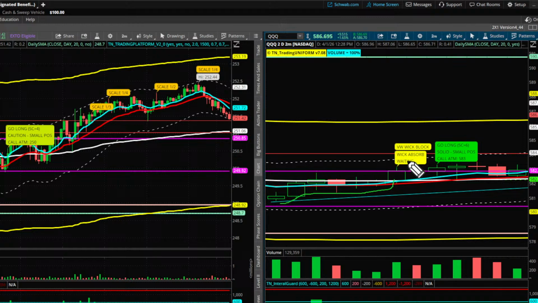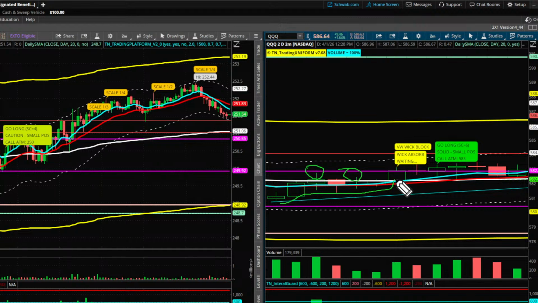But the system did not fire go long at this point. Actually, what it said is wick absorb, waiting. Why did it say that? Because it said, wait a minute, I am examining all the candles before this, and I see that there's a lot of selling pressure here, all this long upper wick. So I don't know whether this could potentially be a trap. So don't go long here.